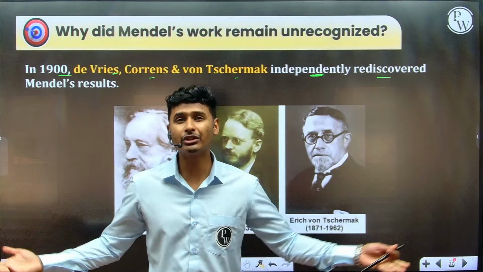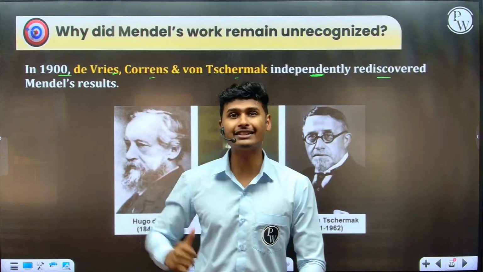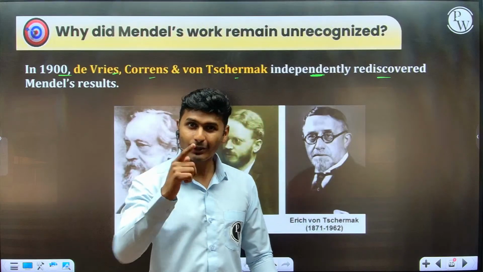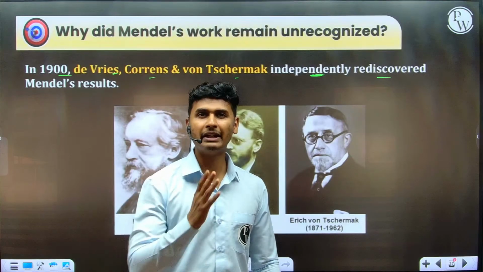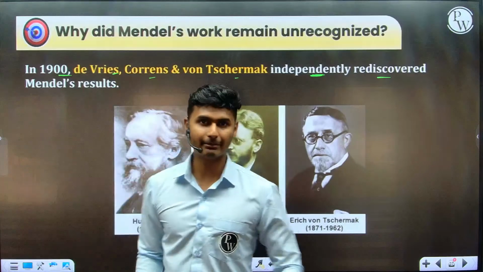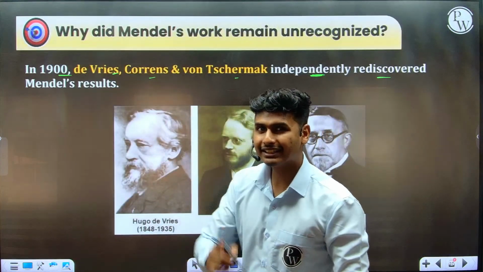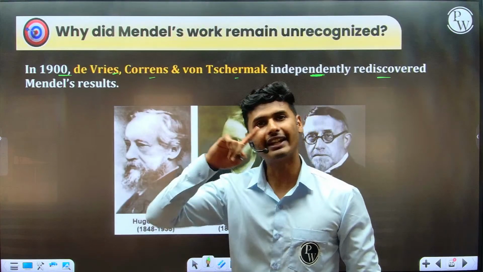So what is he going to do with this Nobel Prize? But today, in the live power hour session, we are discussing Mendel. That's why Mendel is known as the father of genetics. Who is the father of experimental genetics? T.H. Morgan is the father of experimental genetics.